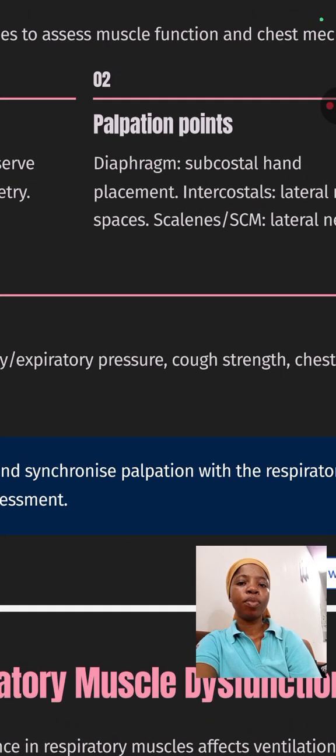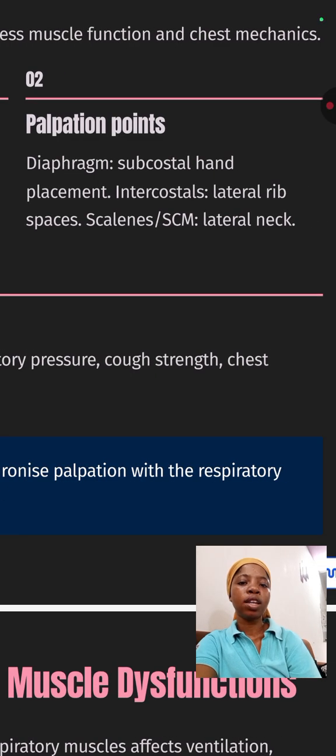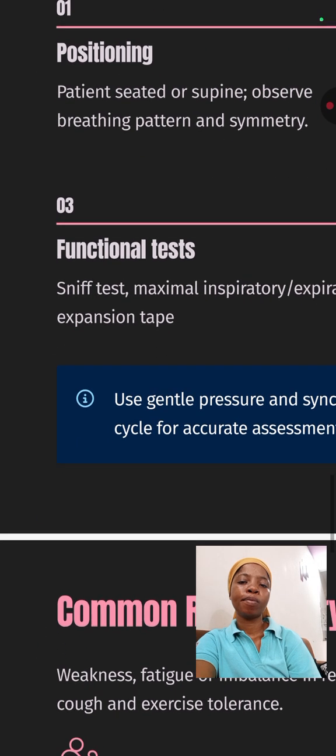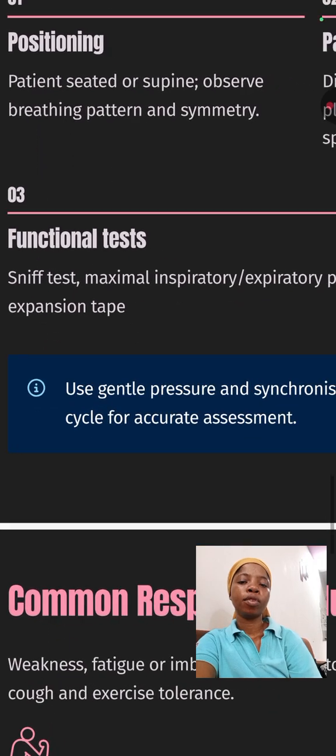2. Palpation points. Diaphragm: subcostal hand placement. Intercostals: lateral rib spaces. Scalenes and SCM: lateral neck. 3.